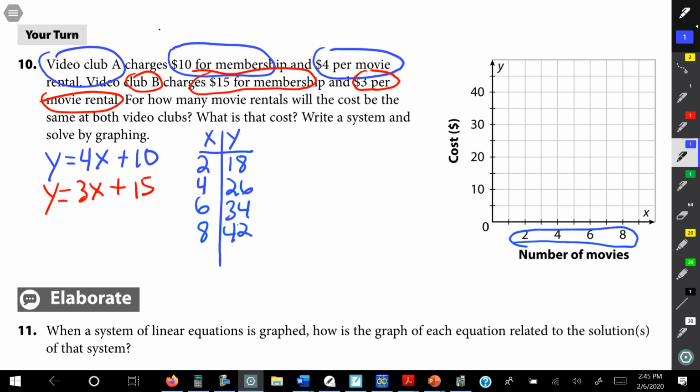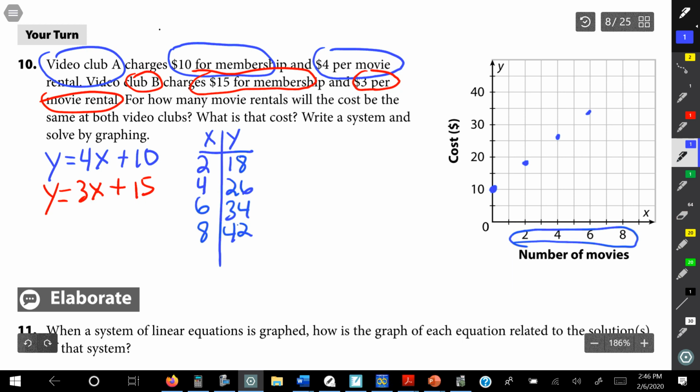First, we're going to start at 10. At 0, we got 10. And we'll go over 2 and go up to 18, which is right below the 20. And then at 4, we'll go to 26, right above this line here. And at 6, we're going to 34. This is 35, so 34 is about right in here.